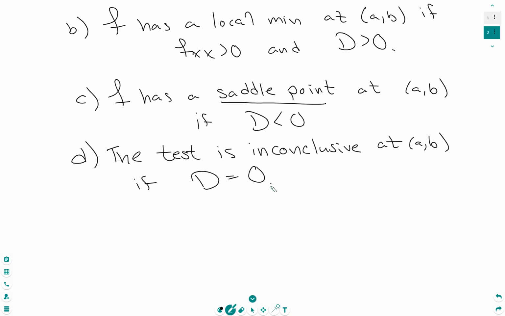So if D is equal to 0, you're in trouble. You can ask me, oh, what do I need to do if I can't use the second derivative test at the point (a, b)? There's no clean answer. For whatever surface or function you're working on, it's going to be a totally different thing. There's no cut and dry approach. You have to be clever if this is inconclusive. So cross your fingers, and hope that it's not.